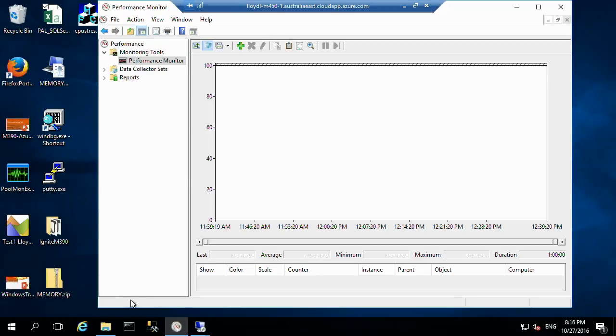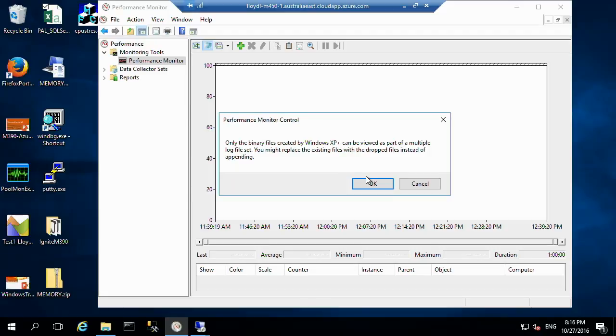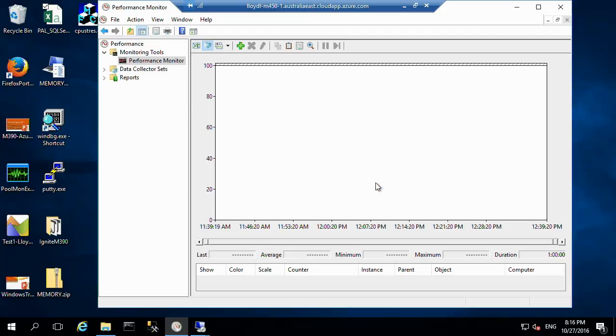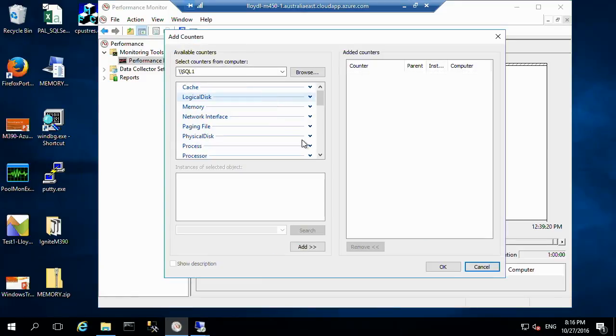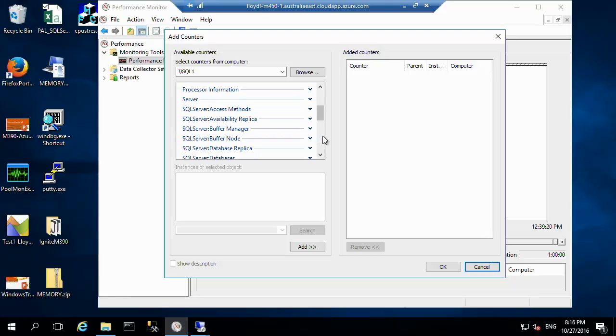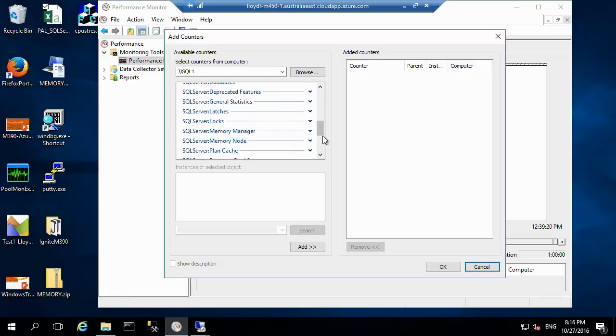All right, so this here is basically taken from my perfmon log up here, which I then drag across, and there you go, and just say okay. So what you're looking for is up in here under the network interface. You would think it's in the network interface, but it's not, because it's a TCP thing.